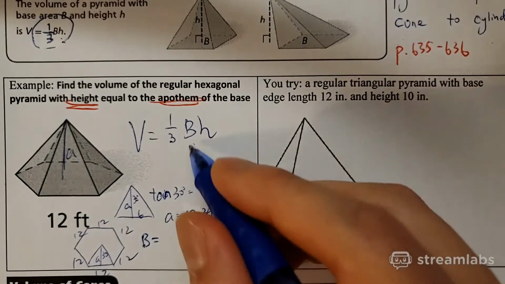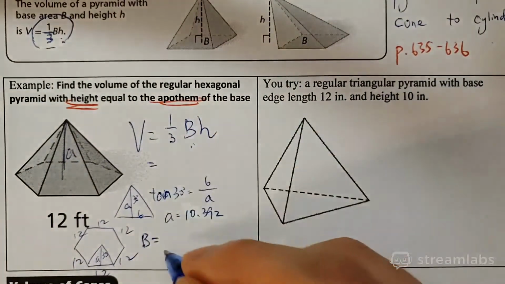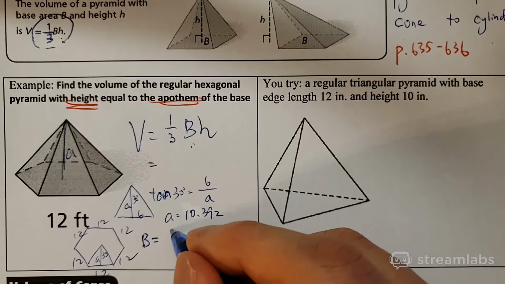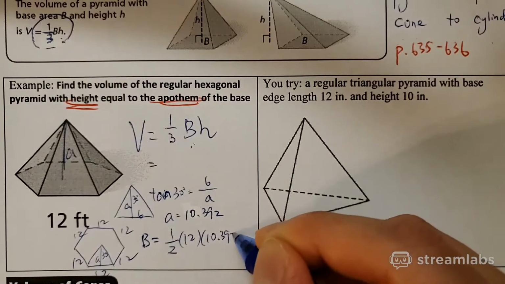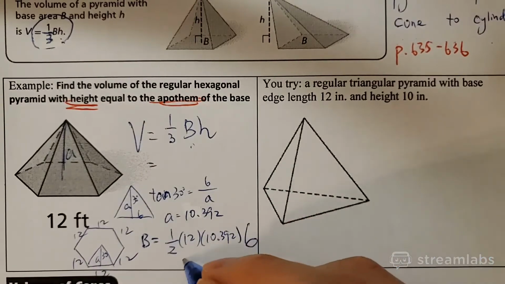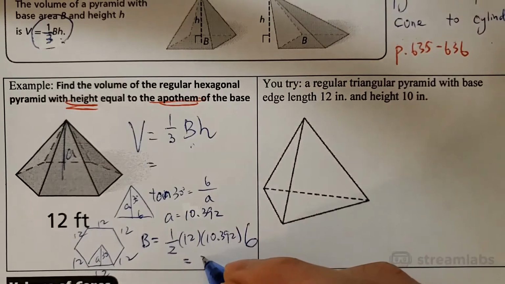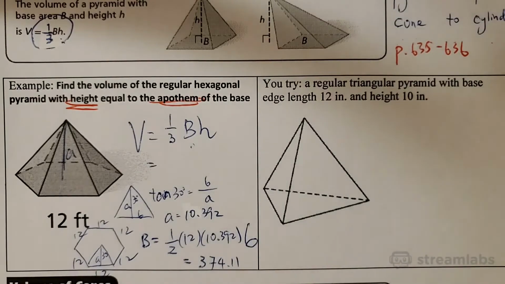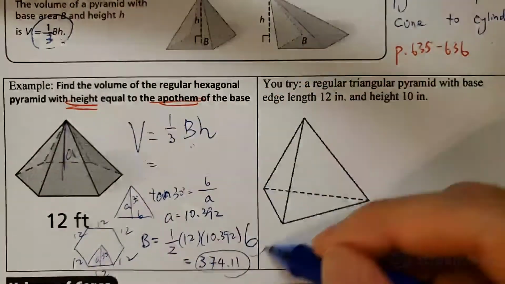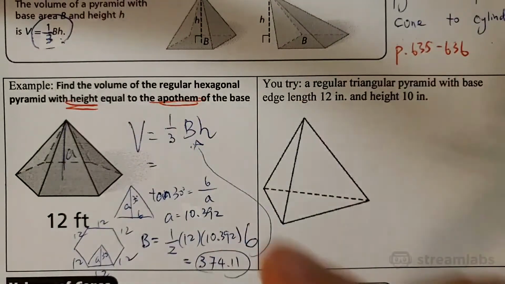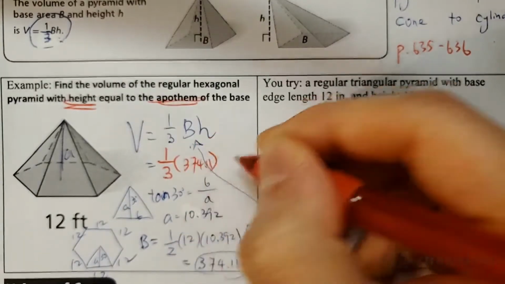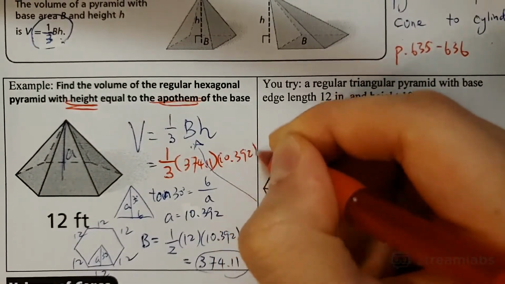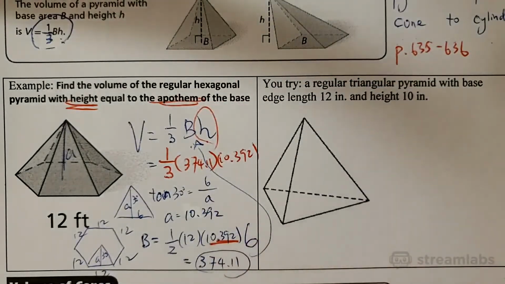So base area is going to be 1/2 apothem times base, and then you have 6 sides, so you multiply by 6, which turns out to be 374.11. You plug this in: 1/3 base 374.11 times height, which is once again 10.392, because they say the height is the same thing as the apothem.